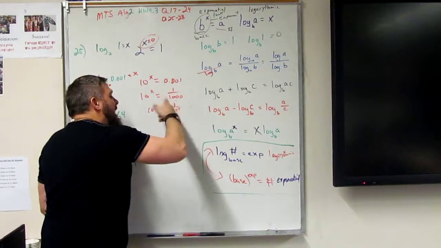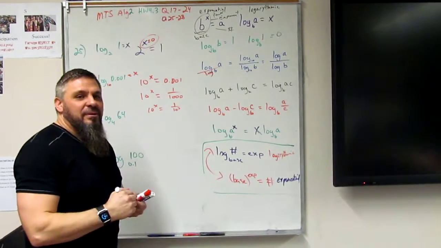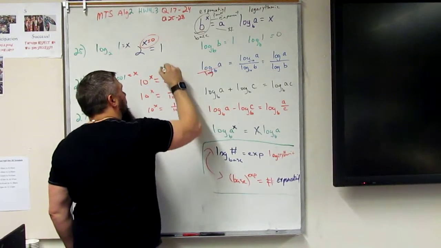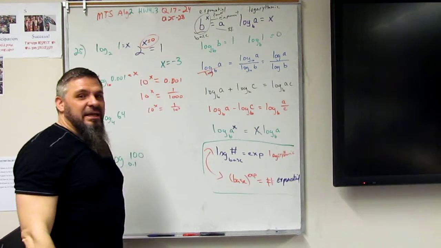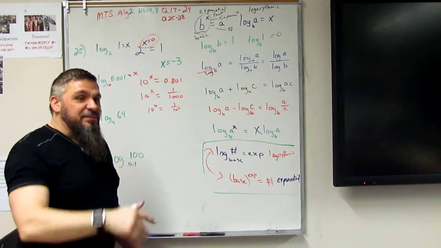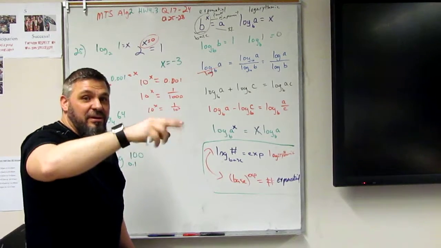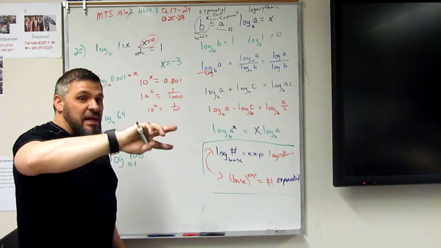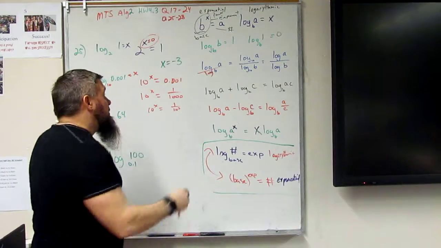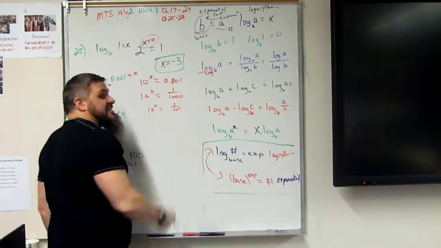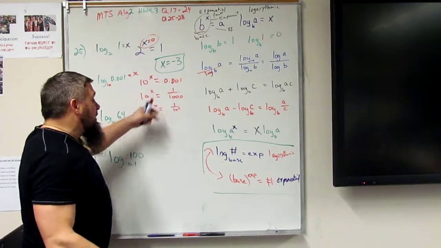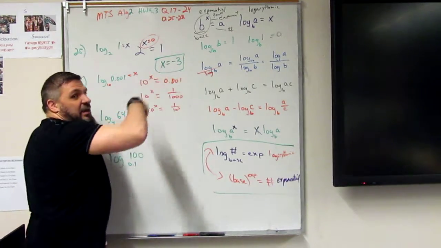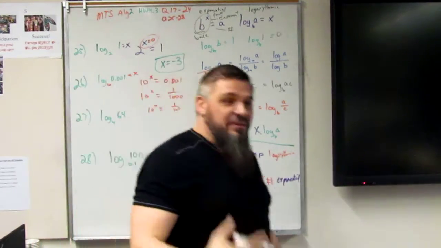How do you make something flip? Negative exponents flip it. Okay? So that means that x is -3. Because what it's doing is flipping this. If it were 3, it'd be 10 to the 3, which would be 1,000.